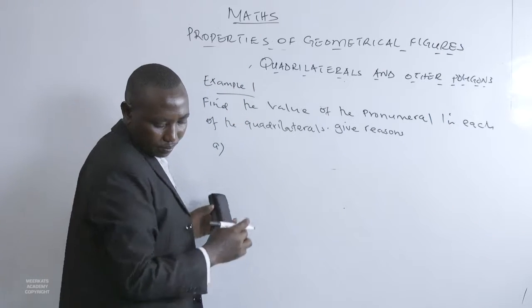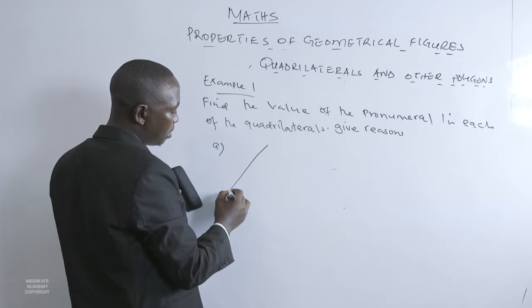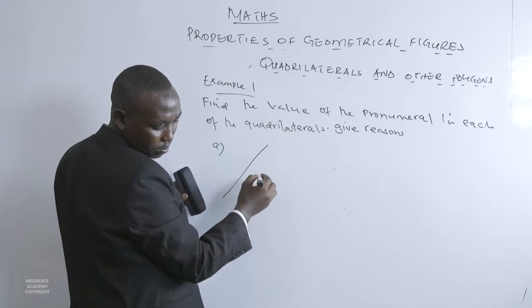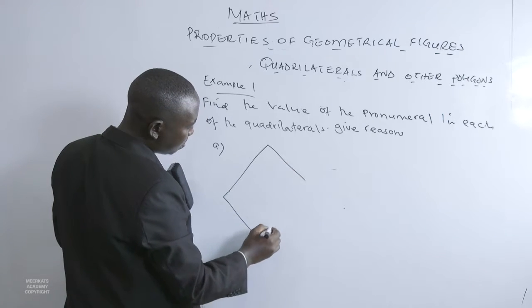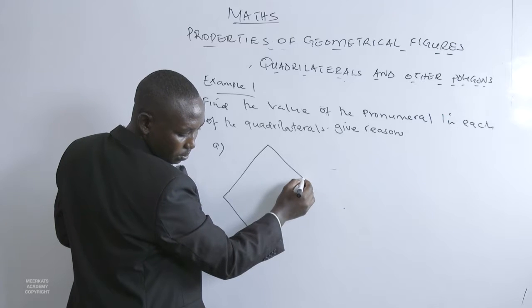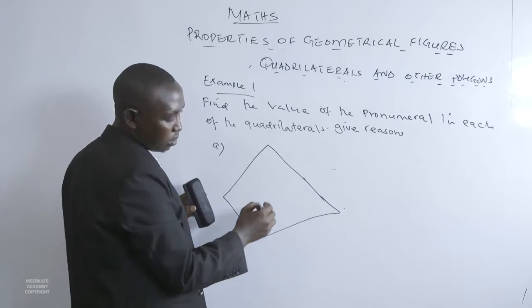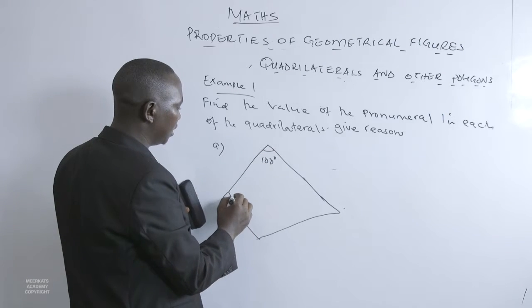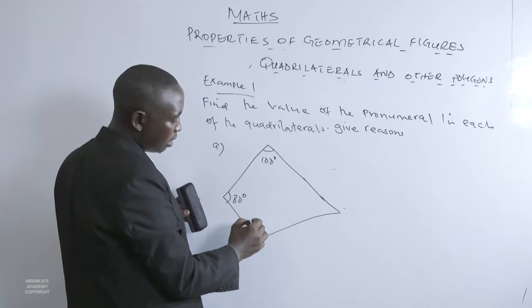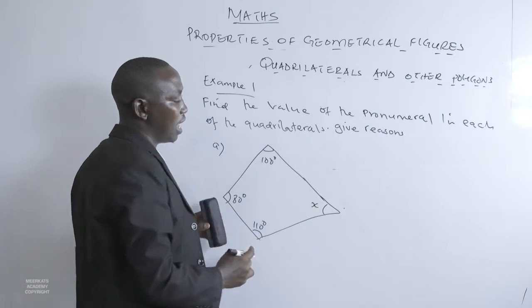Number 1. We are told that this is 100 degrees, this is 80 degrees, this is 110 degrees, and this is x degrees.